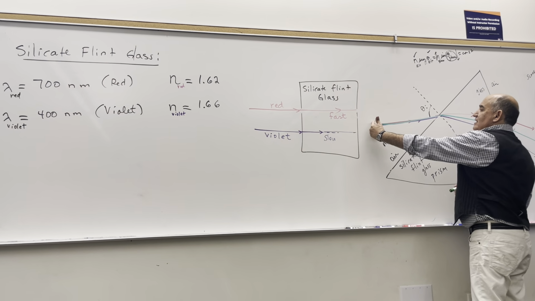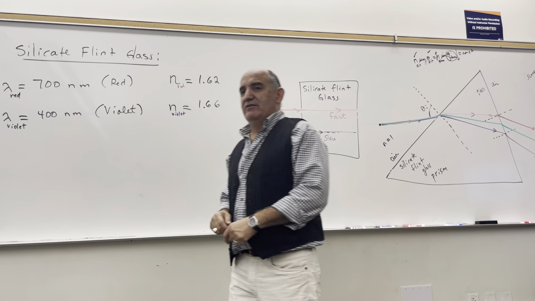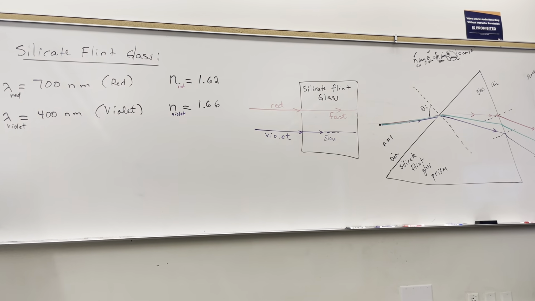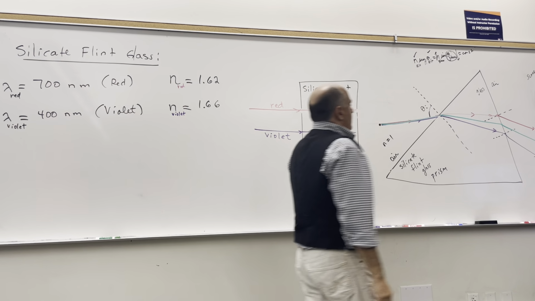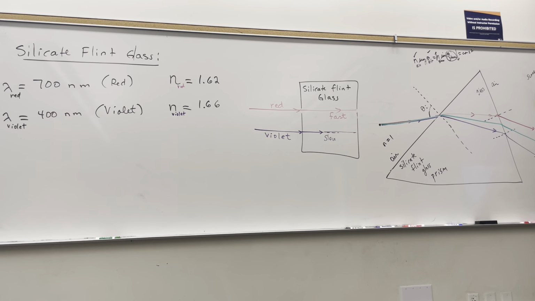And what if I send in white light, which is the combination of all the colors put together? Then the different colors in the spectrum will have slightly different indices of refraction, so they will refract by different amounts. They will disperse inside the glass prism, and by the time they come out on the other end, they will have come out dispersed. So that's the idea of the glass prism that you see in that picture.